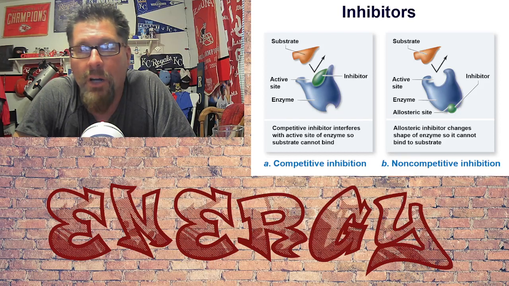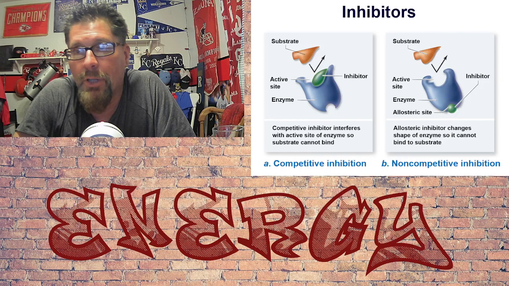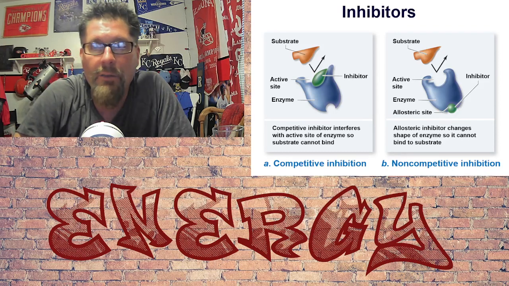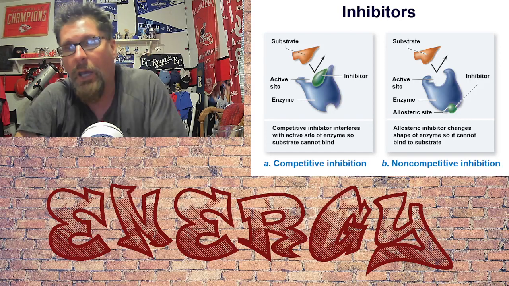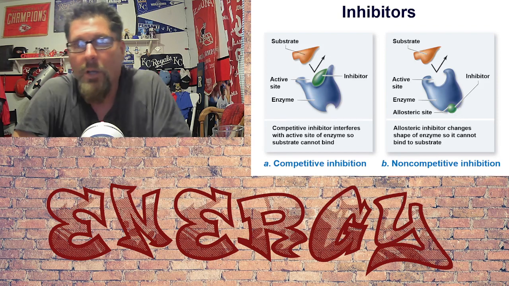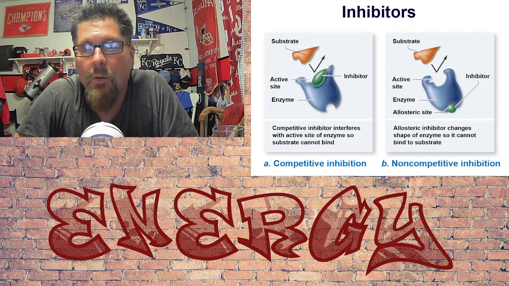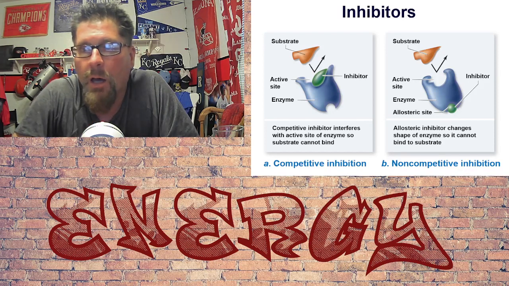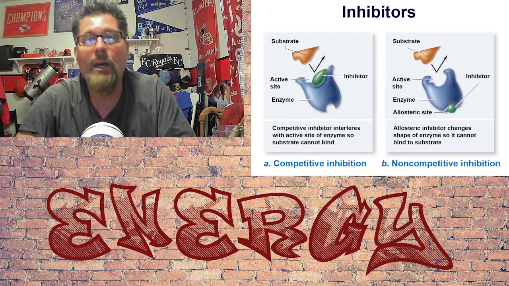An allosteric inhibitor is a non-competitive one, and it bonds to the place on the opposite side of the enzyme, and when it does that, it changes the shape of the enzyme, and then the substrate will not fit. So both serve a purpose. One is direct, one is passive aggressive behavior.